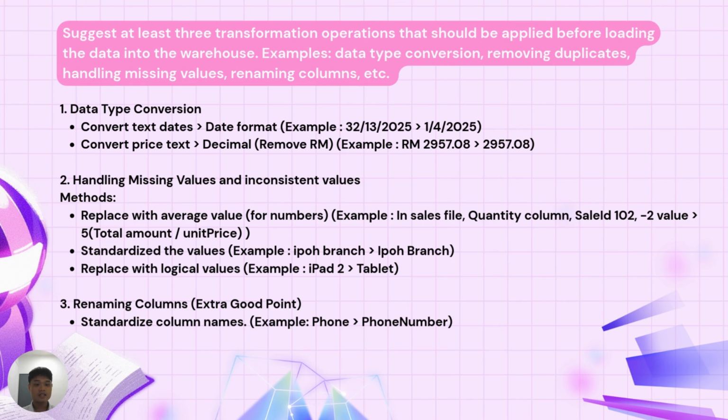The method is to standardize the value, like the Ipoh branch into uppercase, and replace with a logical value, like iPad 2, if we think logically, it is a tablet. And the third one is renaming columns, so we standardize the column names. For example, phones, we rename it to phone number.